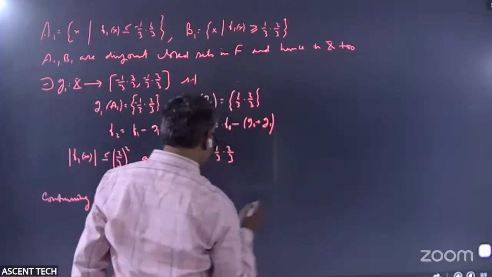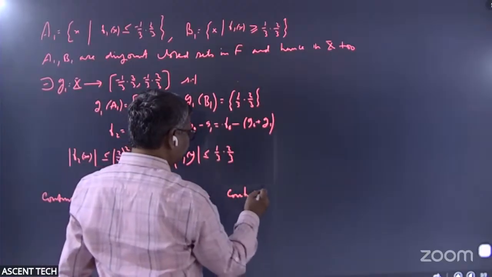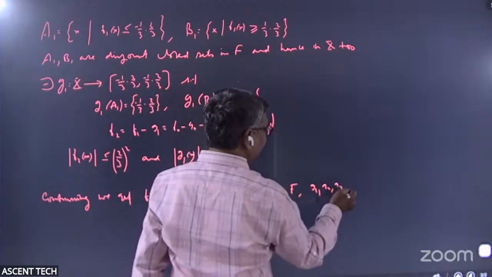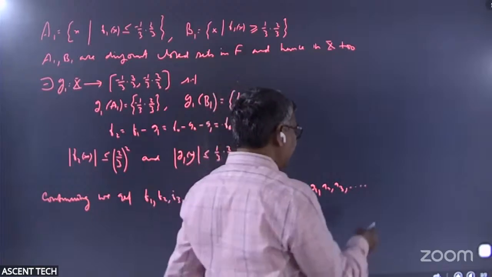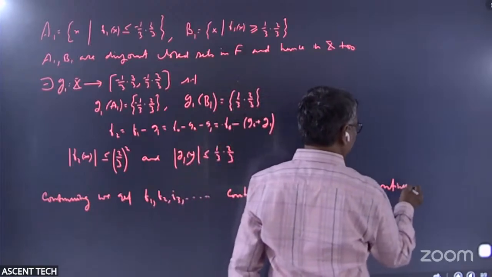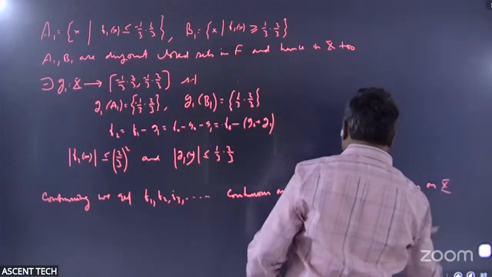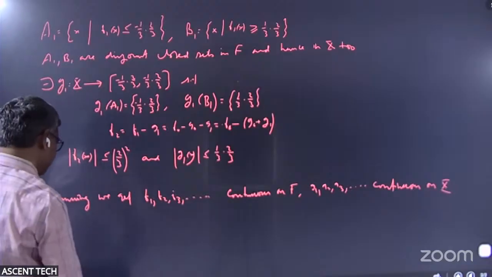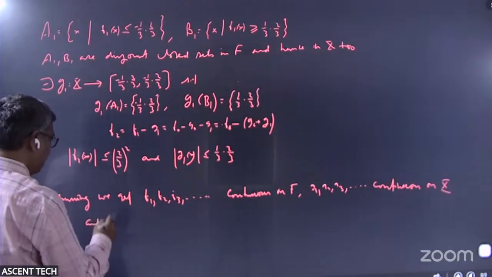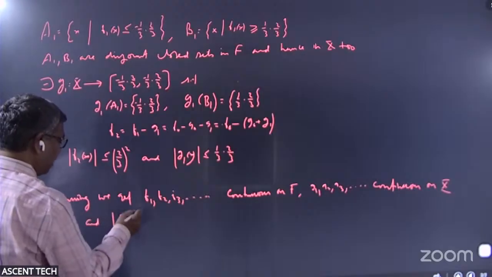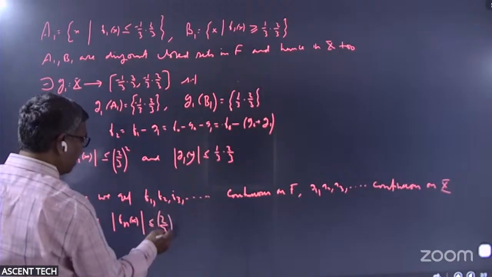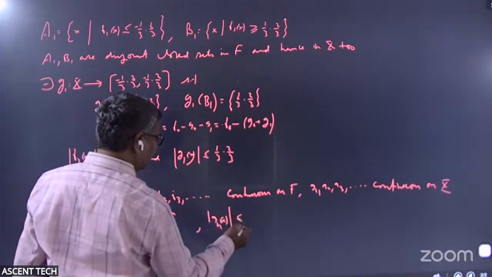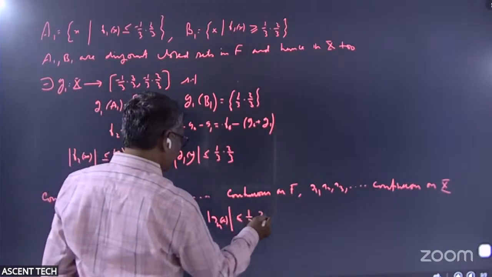The Fn are continuous on F, and G1, G2, G3, etc. come from the original lemma, continuous on X. And corresponding sets An and Bn and so on, and the absolute value of Fnx is less than or equal to 2/3 power n, and the absolute value of Gnx is less than or equal to 1/3 into 2/3 power n.